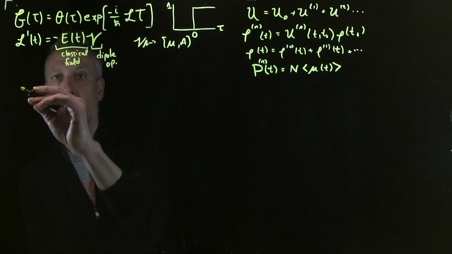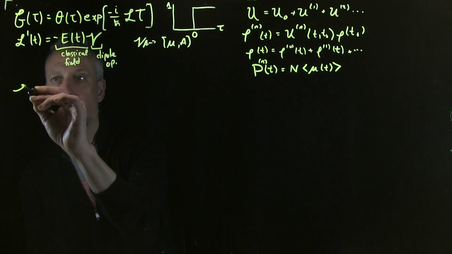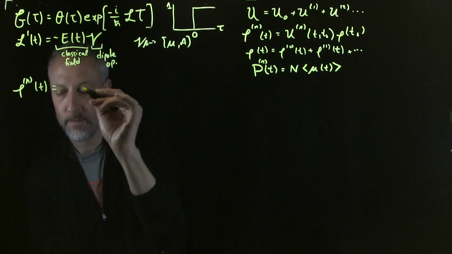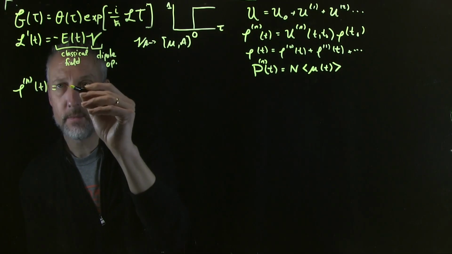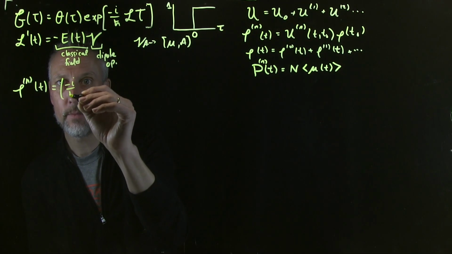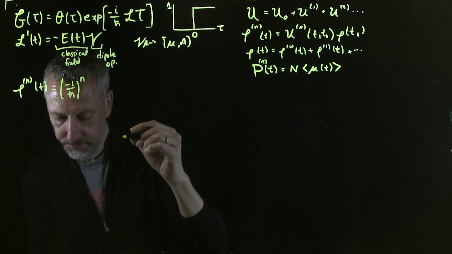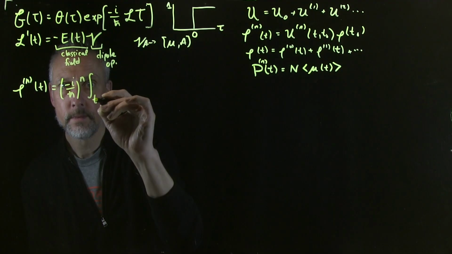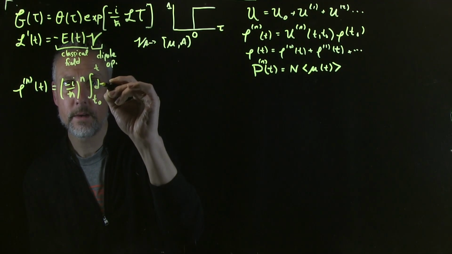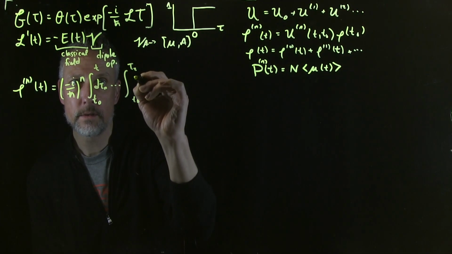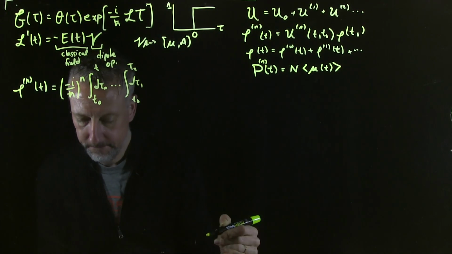All right, so then what we get back here is rho n, is going to be minus i over h bar to the n. So we're thinking of each and every term. T0 to t, tau n, down, tau 2, tau 1.